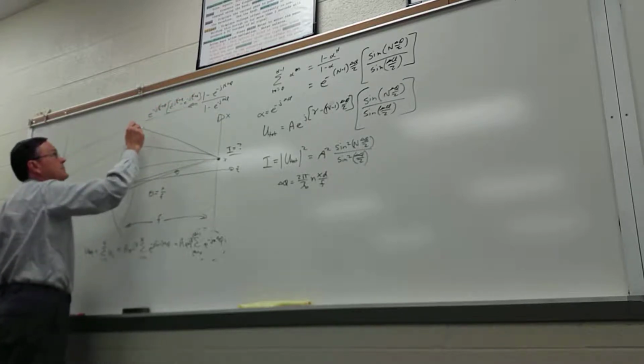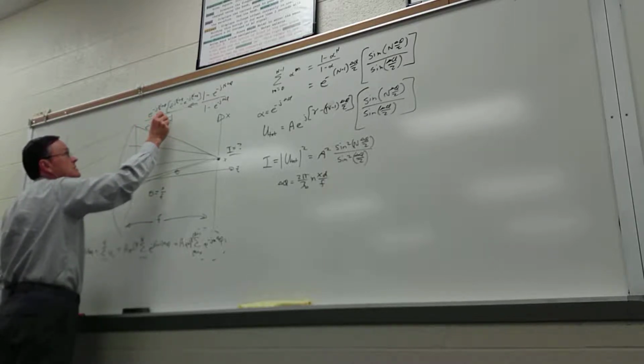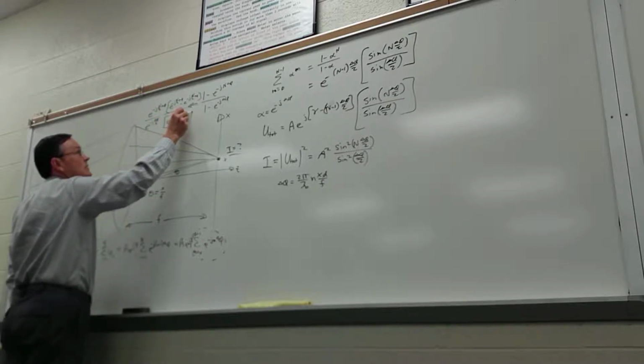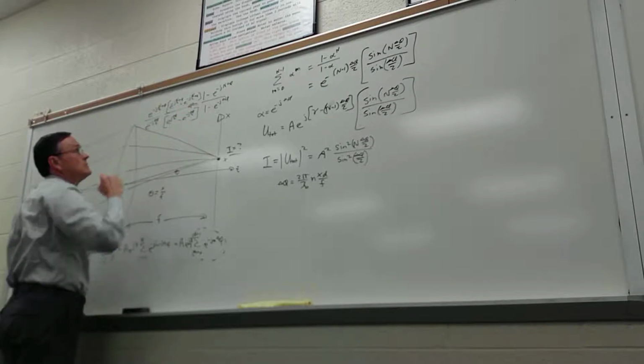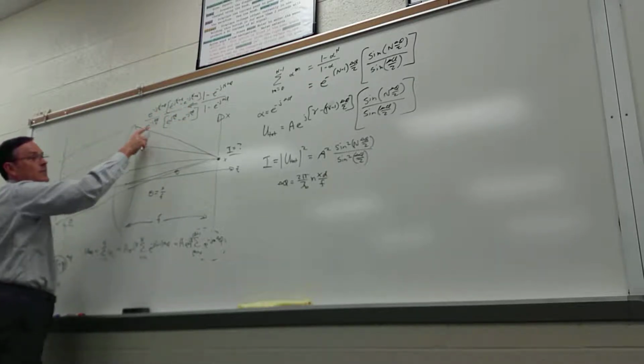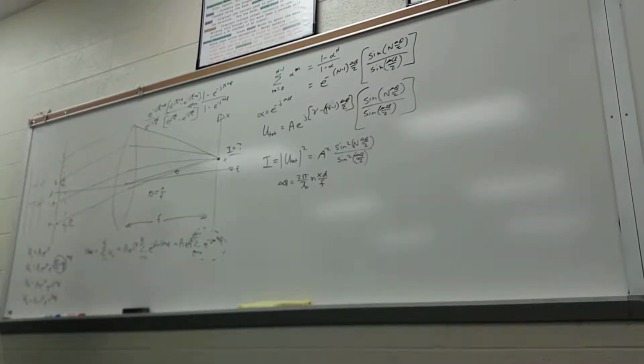Then from the bottom, e to the minus j delta phi over 2, and then this is e to the plus j delta phi over 2 minus e to the minus j delta phi over 2. Right, and then those turn into sines, and we're left with this, which is where that thing comes from. Just some algebra.